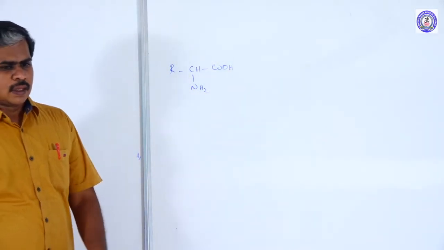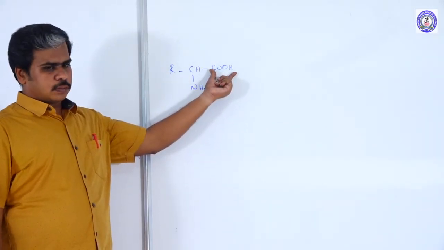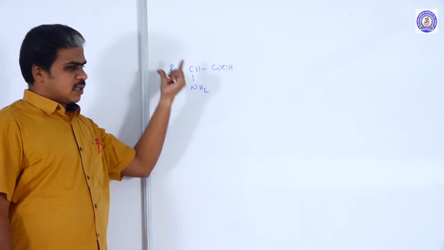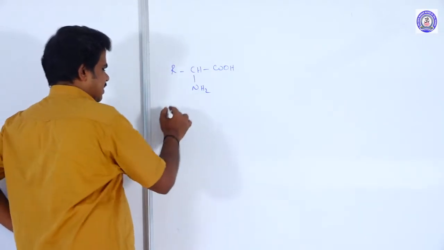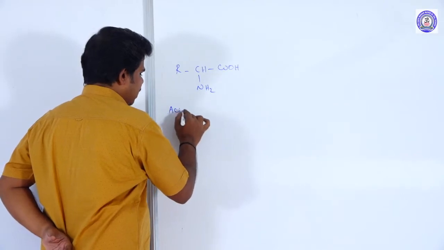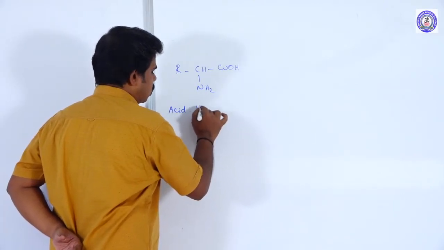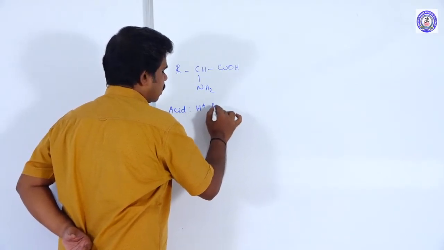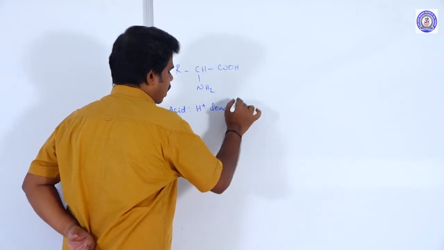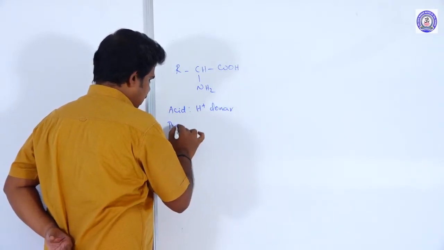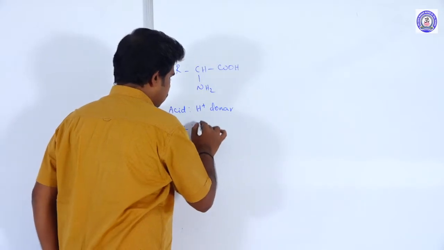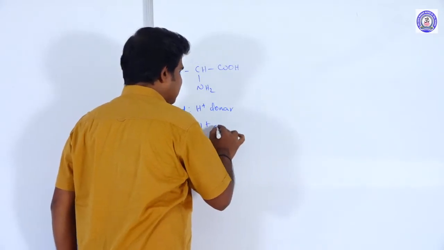Now, it contains an acid group and a basic group. What do you mean by acid? Acid is a proton donor. And a base is a proton acceptor.